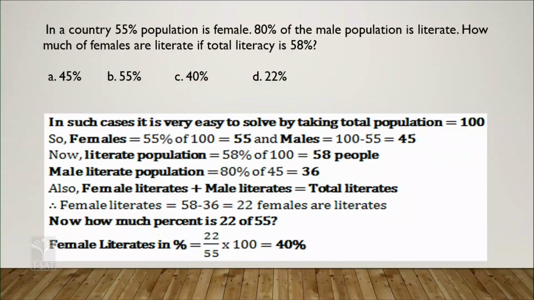Clear? In a country, 55% of the population is female, 80% of the male population is literate. Then how much of the females are literate? Total literacy is 58%. Here I collected maximum questions from previous examinations only, so you can understand the standard of the question. 55% of the population is female, means the remaining 45% population will be male.